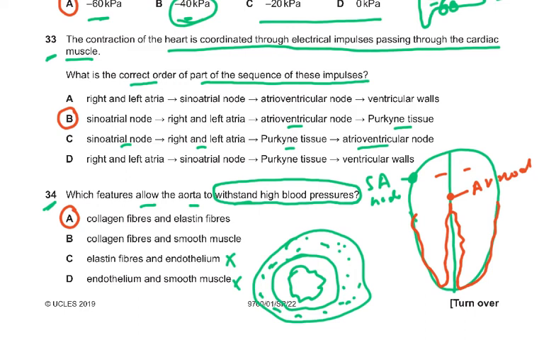Now I would have to choose between A and B. You see the collagen fibers and the elastin fibers. Elastic means it will stretch and recoil, so it won't burst. The muscle is not going to help it. The muscle only helps in diversion of blood flow. For instance, you are exercising on the treadmill, so more blood is needed to your leg muscles.